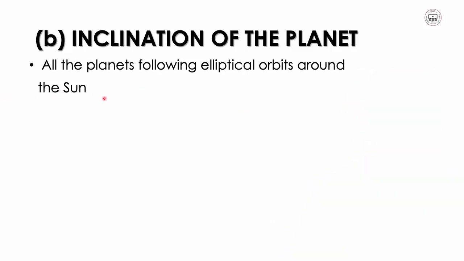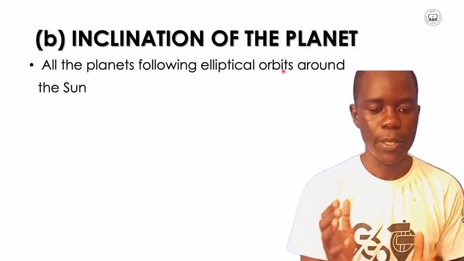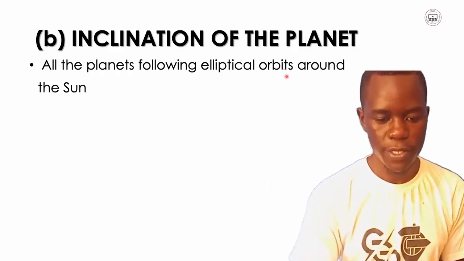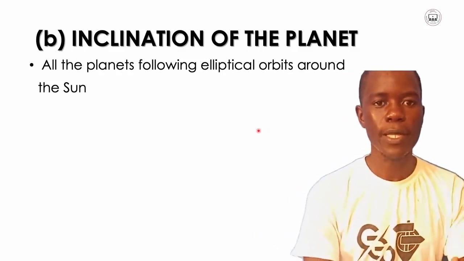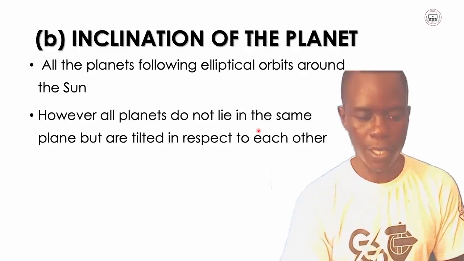All the planets follow elliptical orbits around the sun. It's like their path where these planets move around the sun.